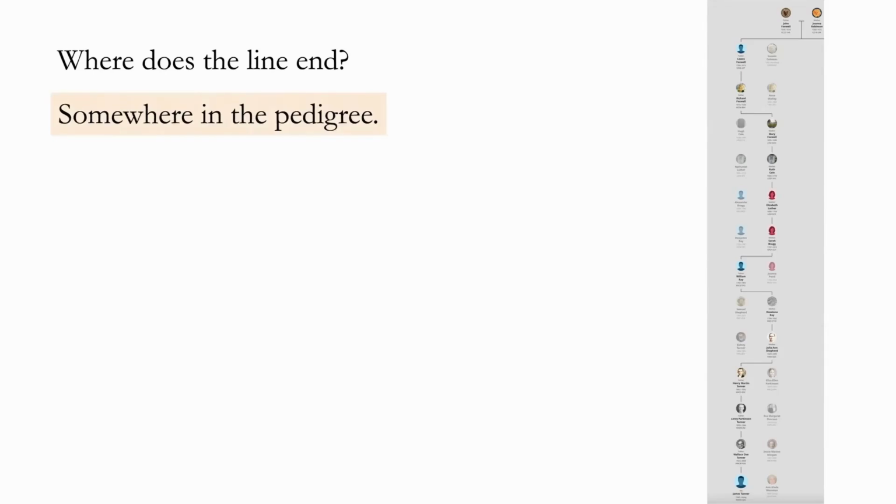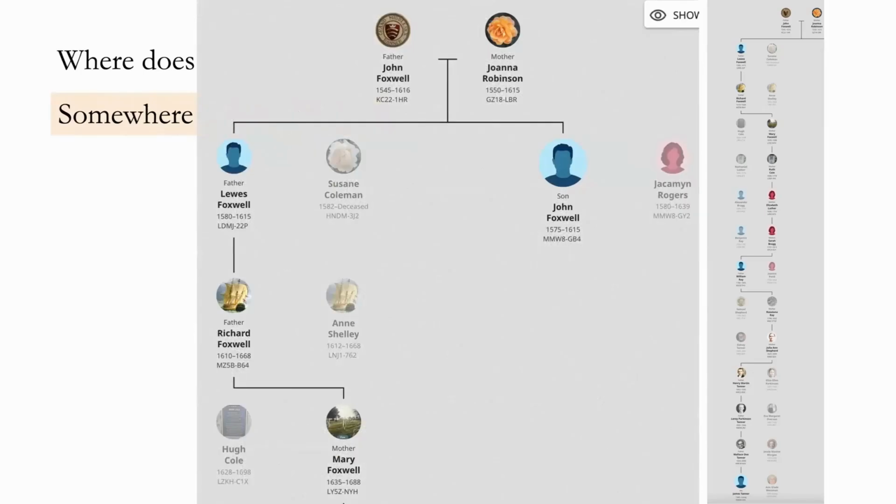So somewhere in that pedigree, there's an end. There's a point at which nobody has the right sources that support a parent-child relationship shown in this pedigree. And it's somewhere in here, in this area of the Foxwells.